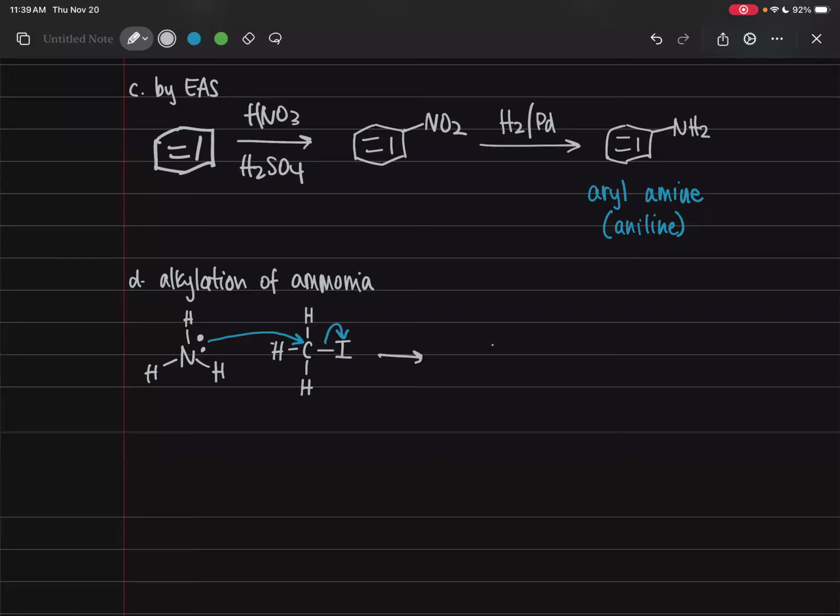And so we get that compound with an I minus.